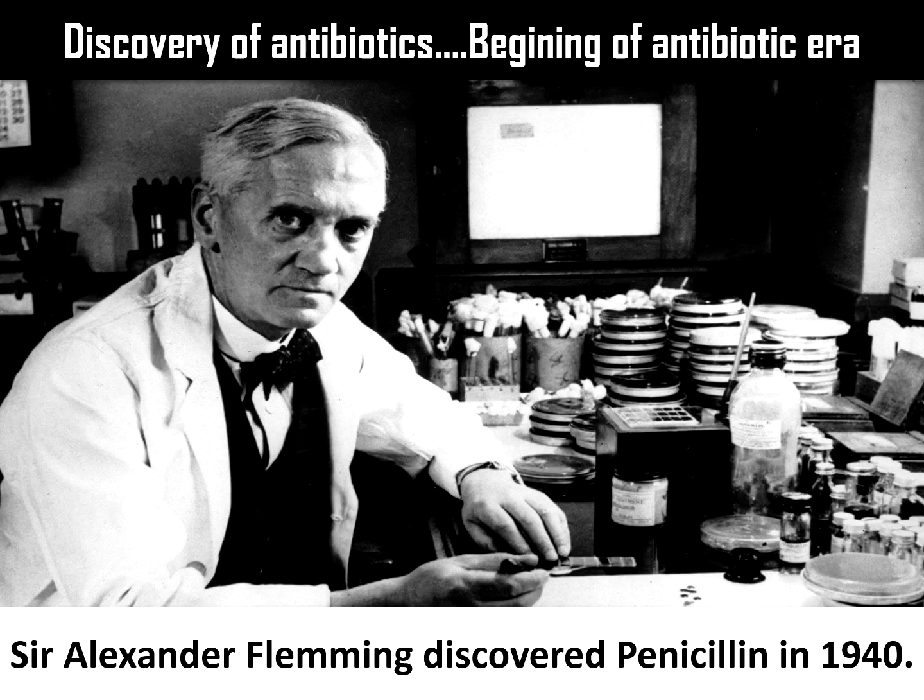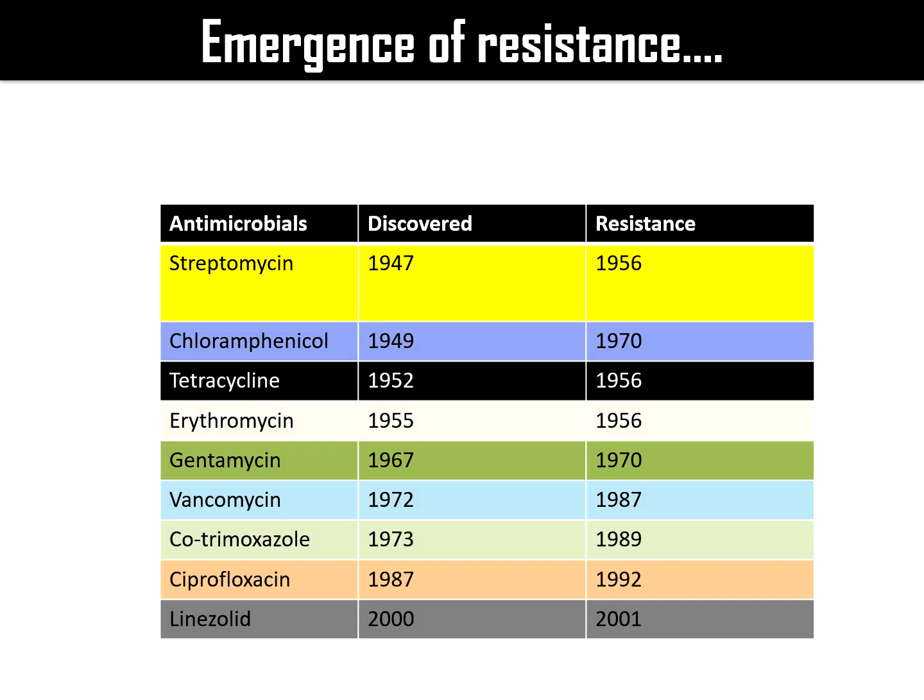In the year 1940, Sir Alexander Fleming discovered the first antibiotic, that is penicillin. Since then, many more antibiotics were discovered, but the problem we encountered was that the antibiotics started showing resistance within a few years of their discovery.